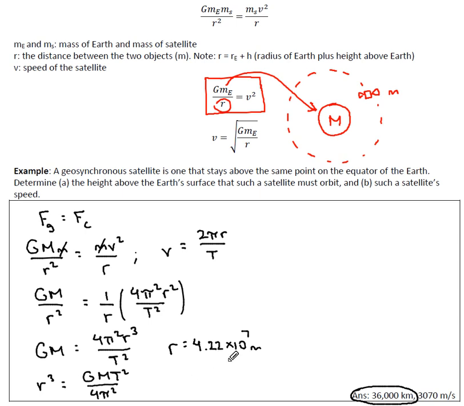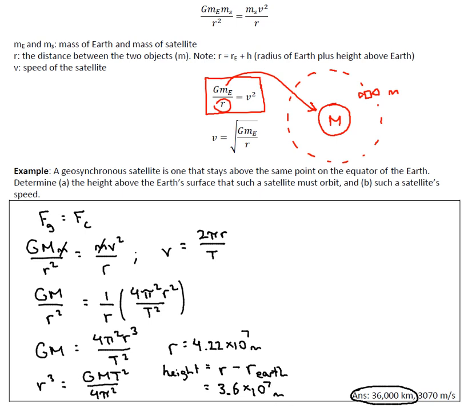So we have to take this 4.22 times 10 to the 7 and subtract from it the radius of the Earth. If we subtract those two numbers, we end up with 3.6 times 10 to the 7 meters.